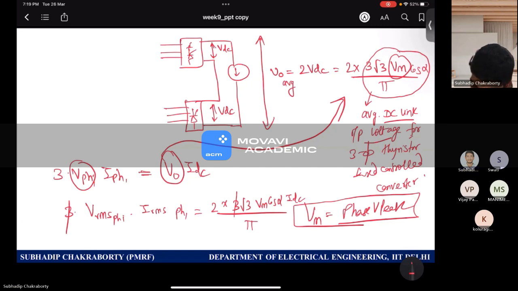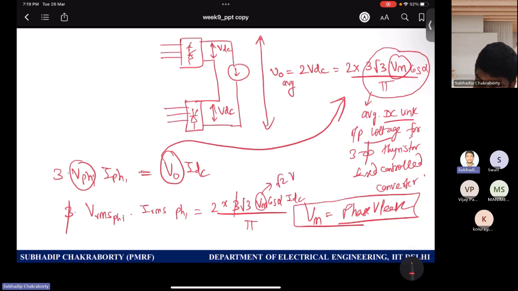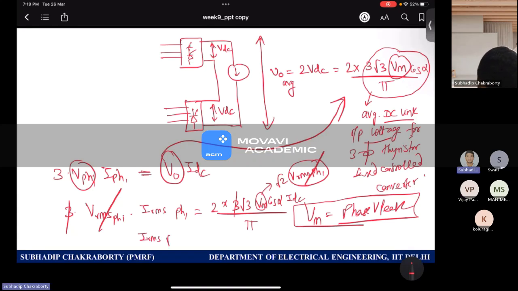Vm is √2 VRMS phase fundamental, so VRMS phase fundamental will cancel. So IRMS fundamental of supply is 2√6 by pi cos alpha times IDC.